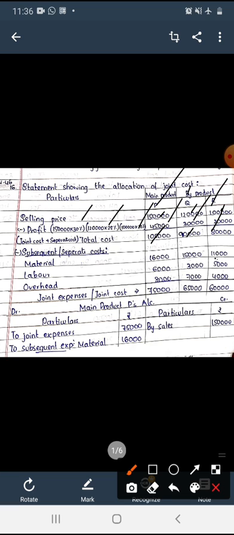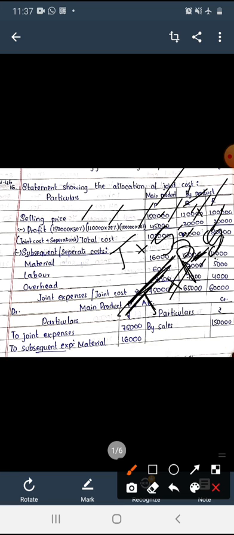Under the joint product or byproducts, how do we write the cost? Joint cost plus subsequent cost equals total cost, plus profit equals selling price. Now from the selling price we deduct the profit, and we get the total cost.